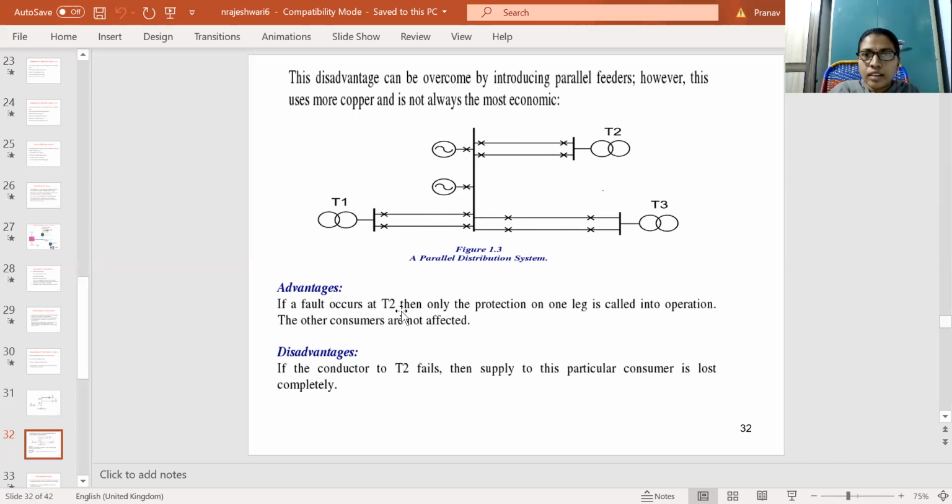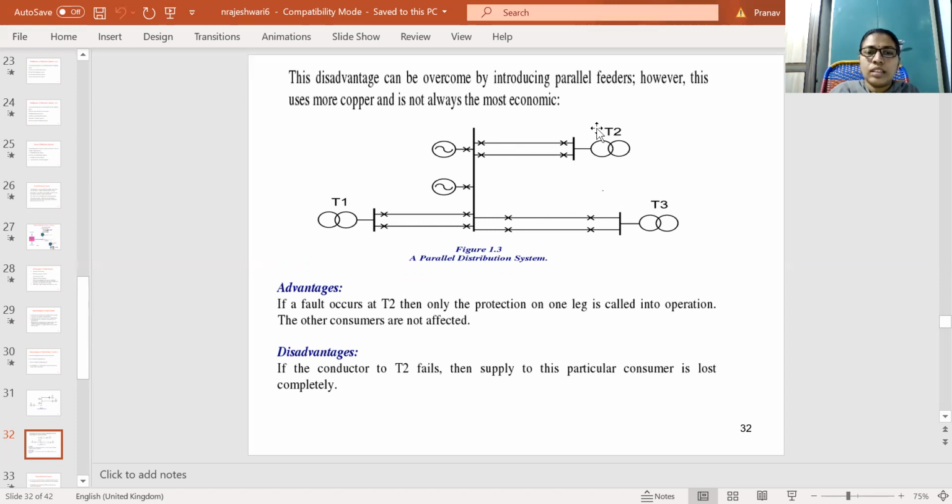If a fault occurs on T2, then only the protection on one leg is called into operation, and other consumers are not affected, because if a fault occurs on one line, the next line will provide the supply continuously. If T2 fails, then the supply to the particular consumers is also lost completely.